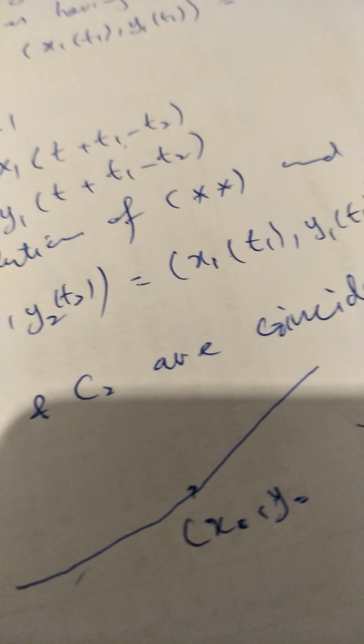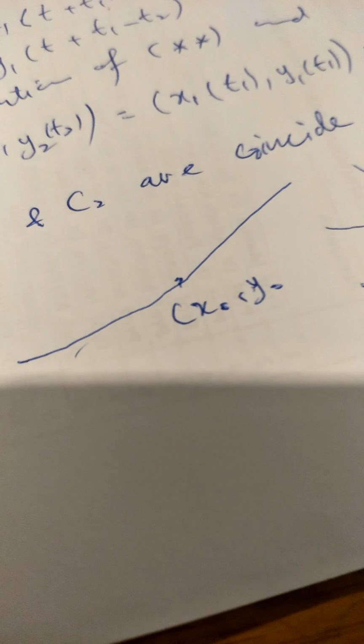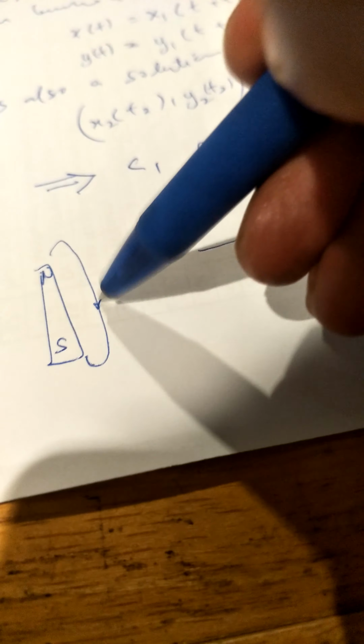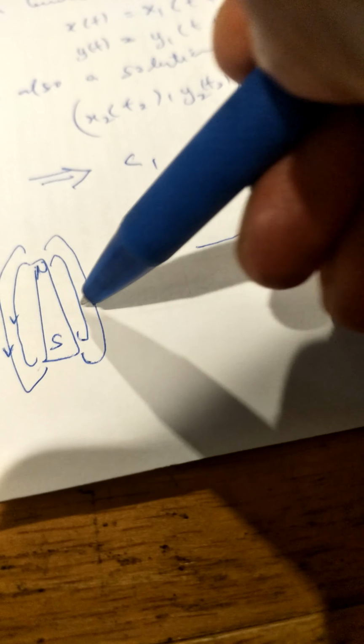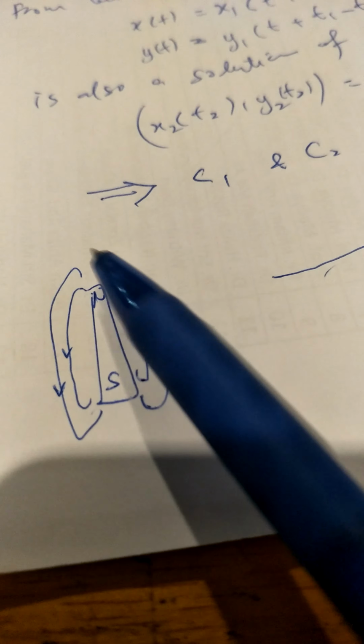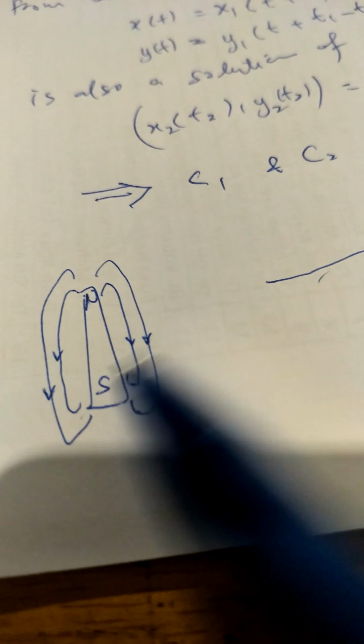So you can imagine, I think you have learned at school level, the magnetic field. In the magnetic field, you have north, south, so we have those things, the electric field, the magnetic field. Then these lines cannot cross each other.